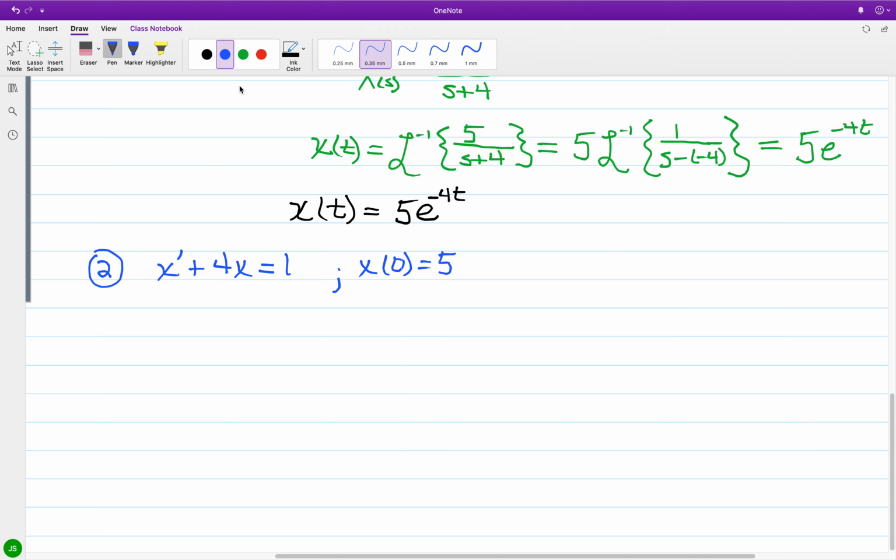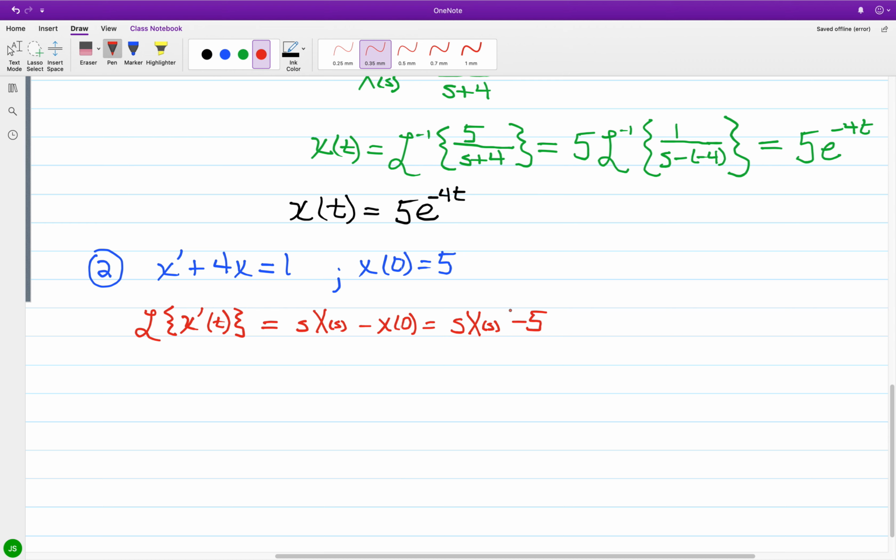And so in looking at the setup, we have the Laplace transform of x prime of t. Again, we have s times the Laplace transform of x of s minus x naught, which is s times the Laplace transform of x of s minus 5.